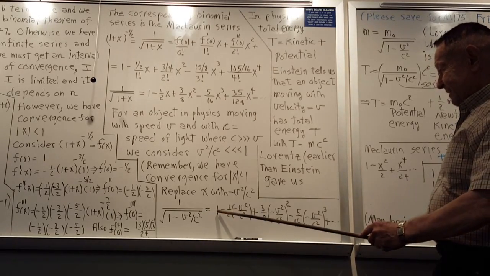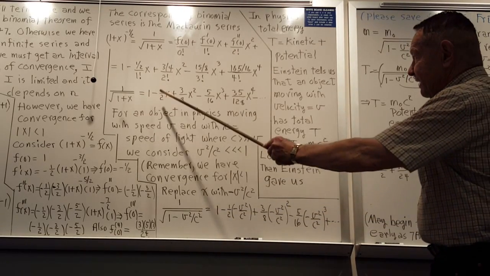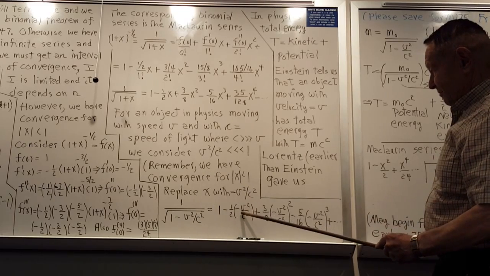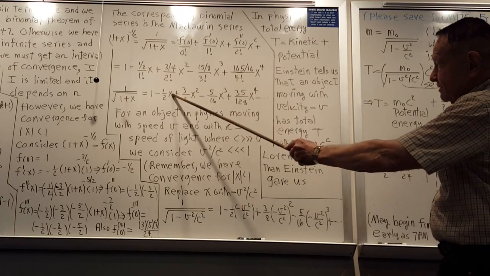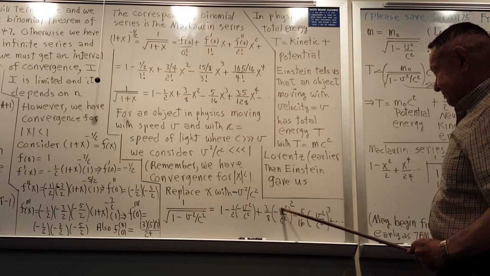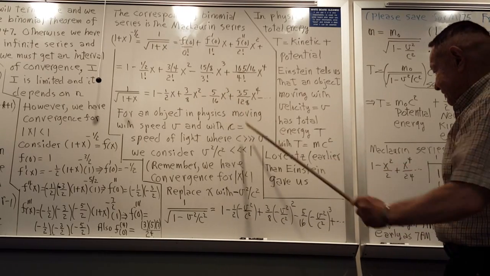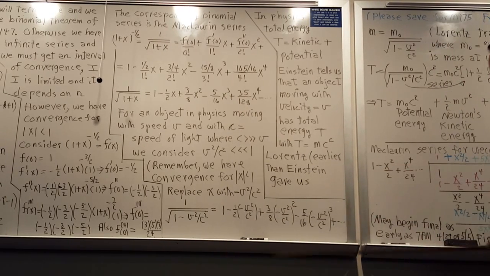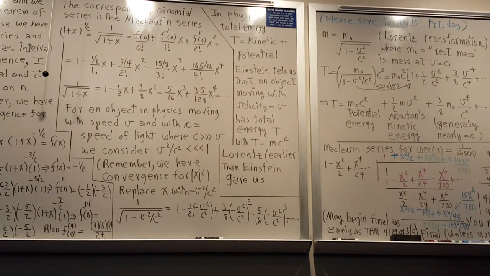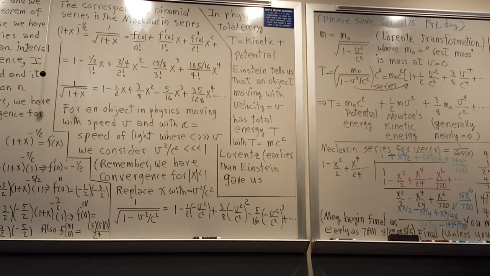So I'm just going back to here and replacing the x with minus v squared over c squared. And then here you have it squared. And then here you have it cubed. So you get this series in terms of v squared over c squared.